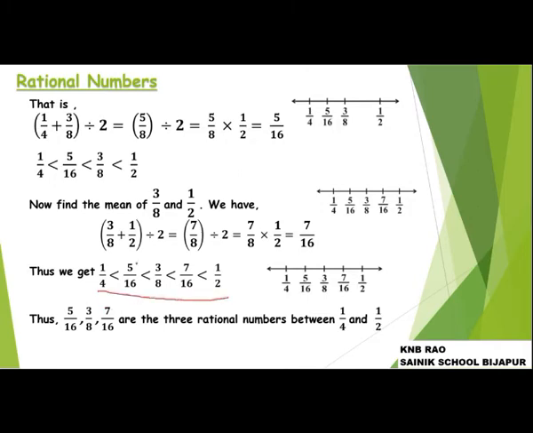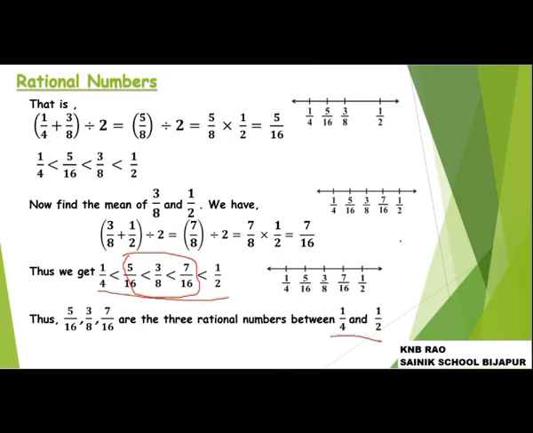So now I found 3 rational numbers between the given 1 by 4 and 1 by 2. This is how we can use the concept of mean between any 2 rational numbers to find rational numbers.